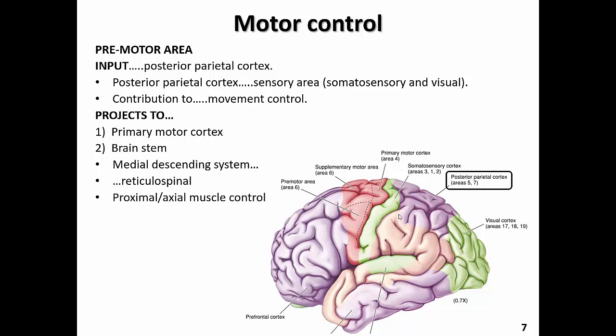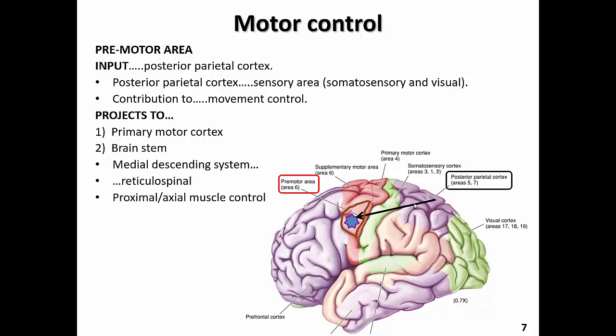And so if we go over to our diagram here, we have Brodmann's areas 5 and 6 highlighted here in the posterior parietal cortex, and the premotor area also sitting rostral to primary motor cortex area 4 houses these neurons which receive projections from neurons from the posterior parietal cortex.